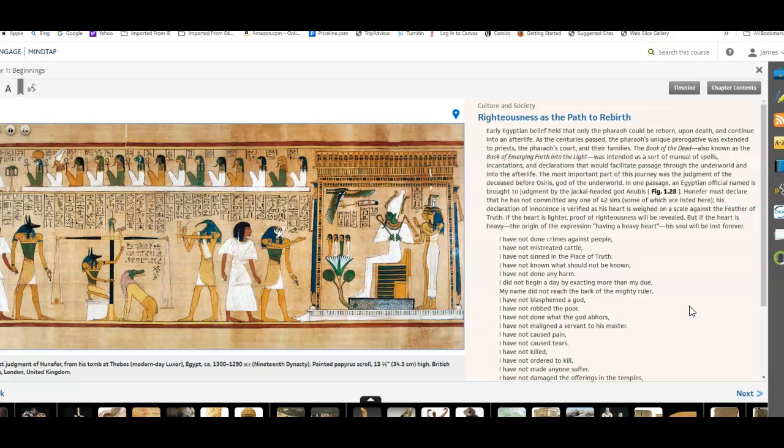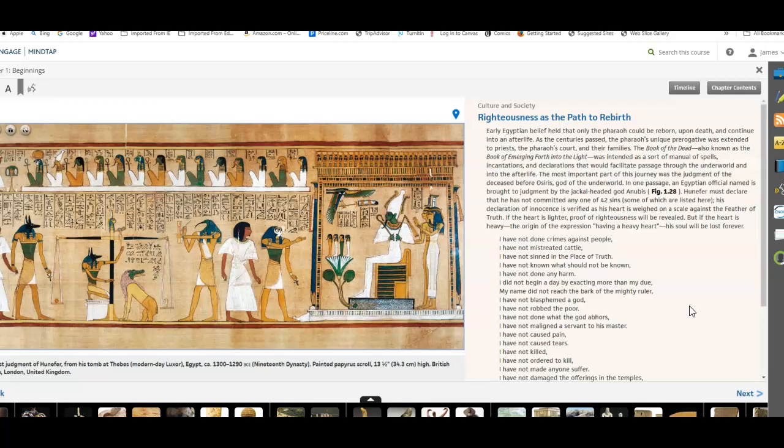the center of the soul of the person, and it would be weighed against the feather of truth. And if your heart was as light as a feather, then you were able to go into the afterlife. If, as it says here, you have a heavy heart, then your heart will be eaten, and you'll be lost forever.